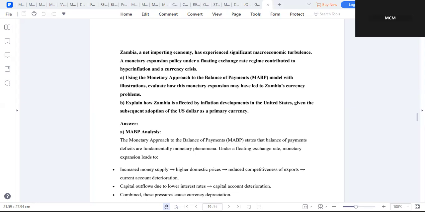This is what leads to what? Inflation. When we have current account deficits, when we have capital flight, which is where investors withdraw their investments because of instability in the economy, and currency depreciation.